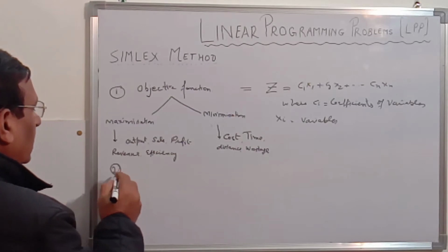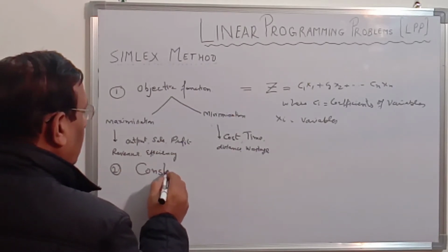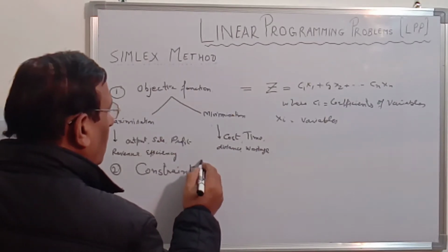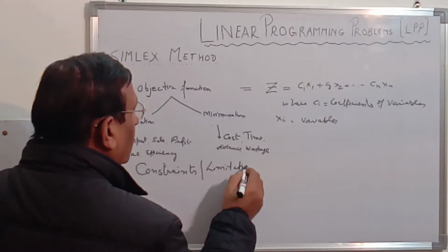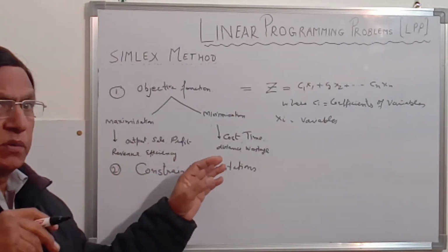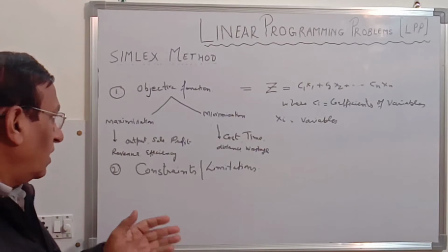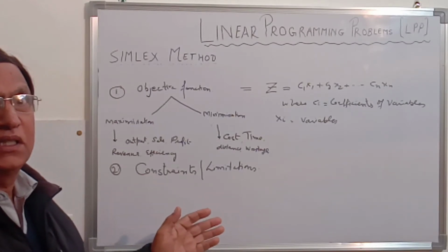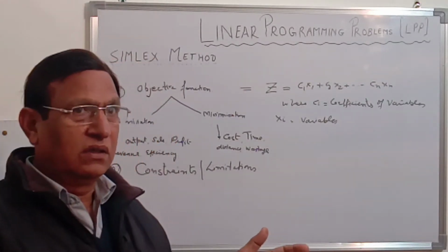Second point is constraints, or you can say limitations. Whether we want to maximize or minimize our profit, there are a number of restrictions, constraints or limitations, and these limitations or restrictions are in the form of resources.